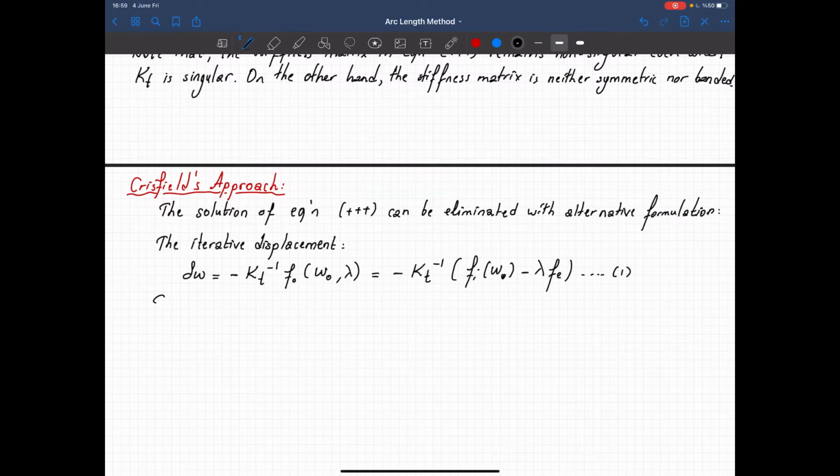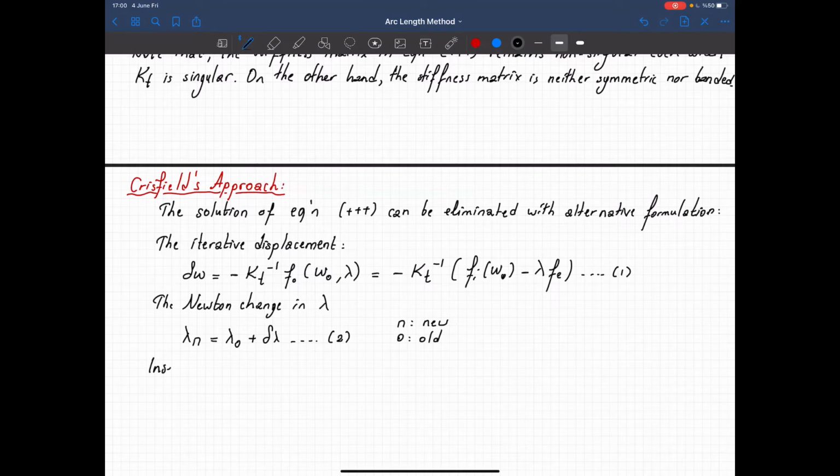So the Newton change in lambda can be represented as new lambda is equal to old lambda plus the iterative change in lambda. Okay, so that's the second equation, and remember that n represents new, O represents old.